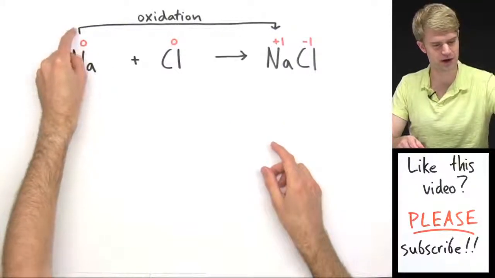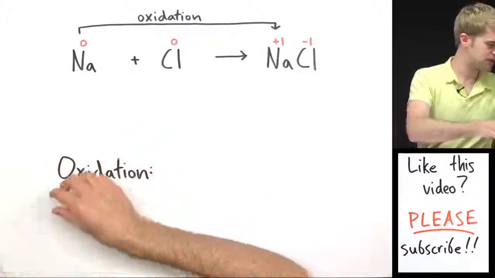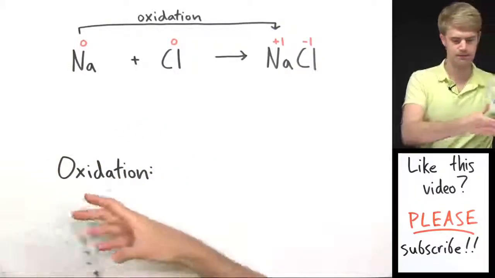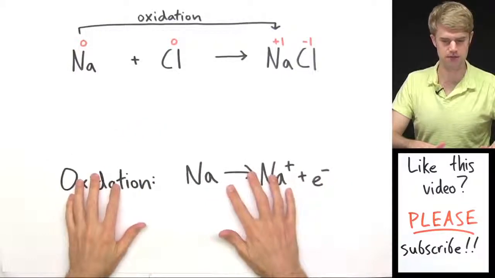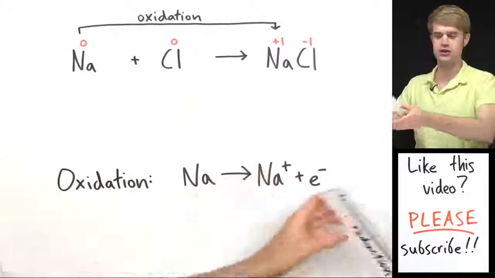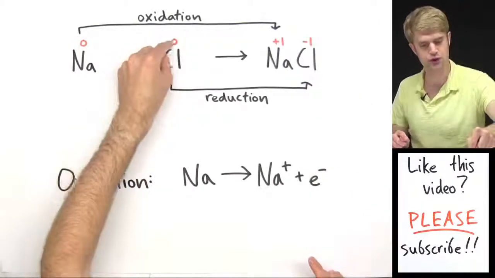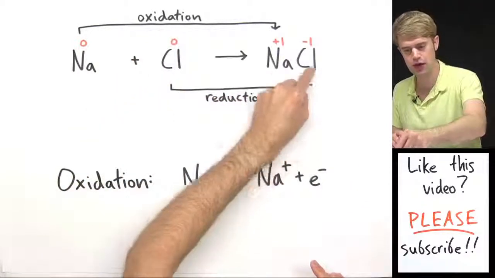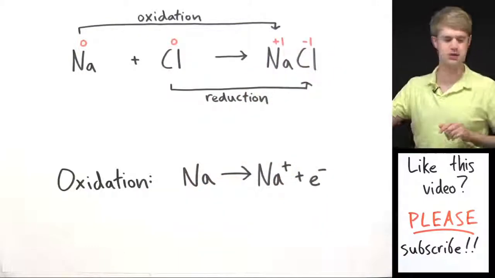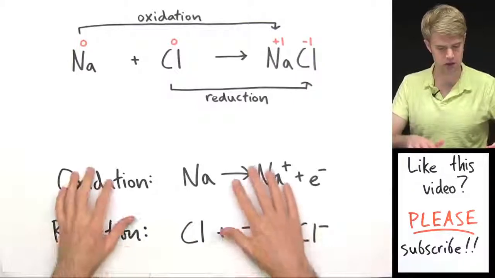It starts out as 0, loses an electron, and becomes sodium 1+. And here is the equation for just the oxidation. The other process is the reduction of chlorine. Chlorine starts neutral at 0, it gains an electron, and it ends up as Cl 1-, and here is the equation for the reduction of chlorine.